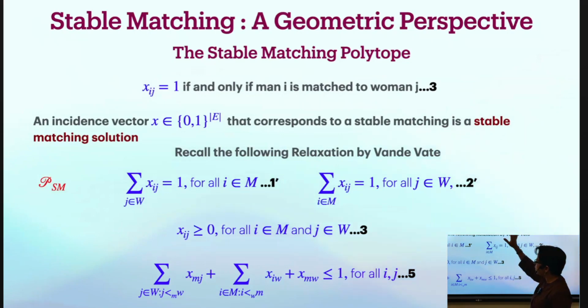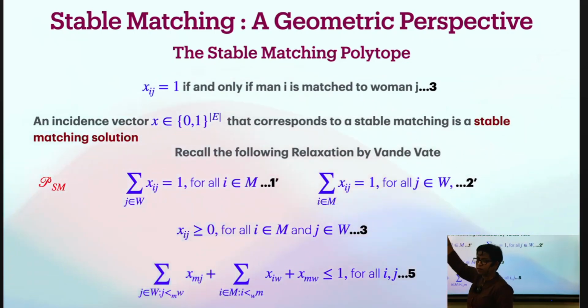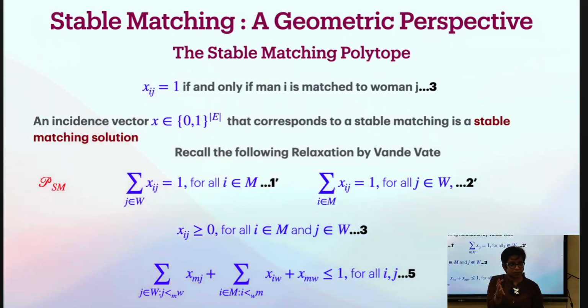This whole thing is slightly out of order. We were supposed to see this first, and then I was going to talk about the relaxed version. When I say 0,1, we are talking about an integral solution. When I allow fractional values between 0 and 1, then I'm talking about a fractional solution, and therefore a fractional matching.